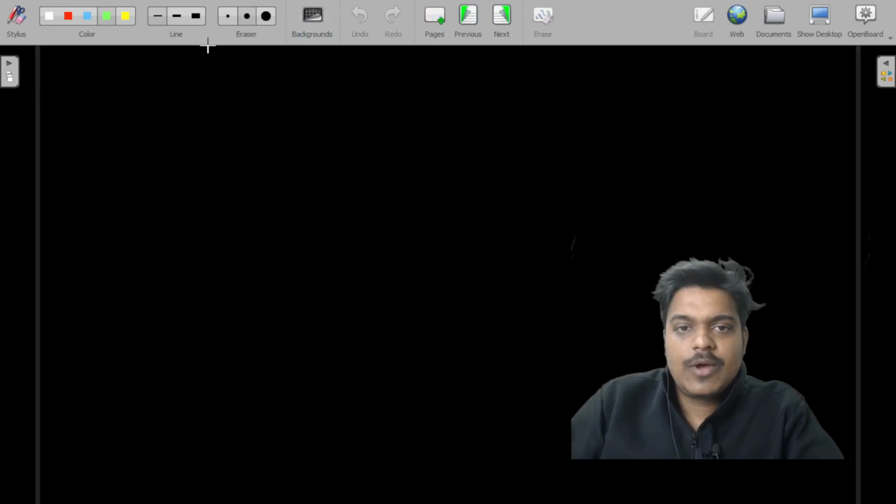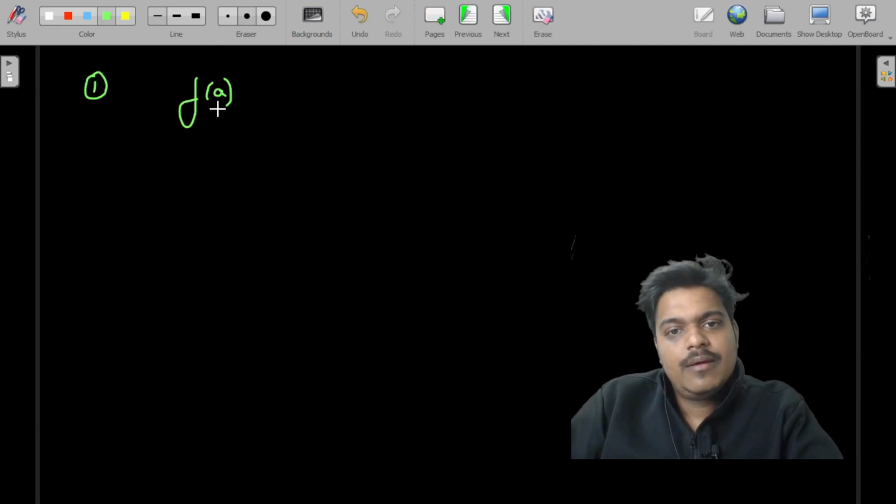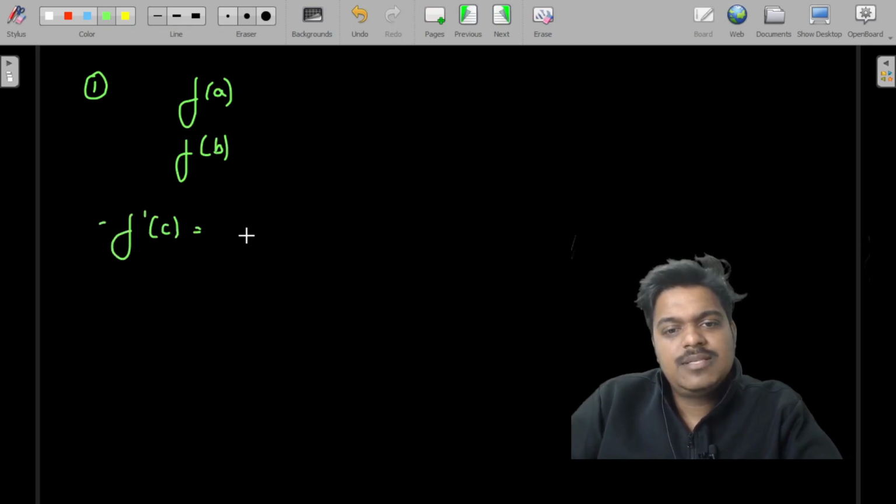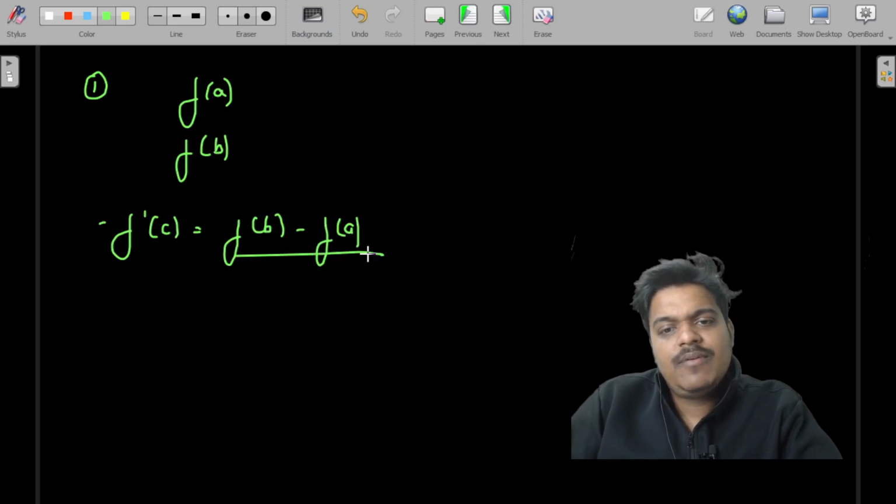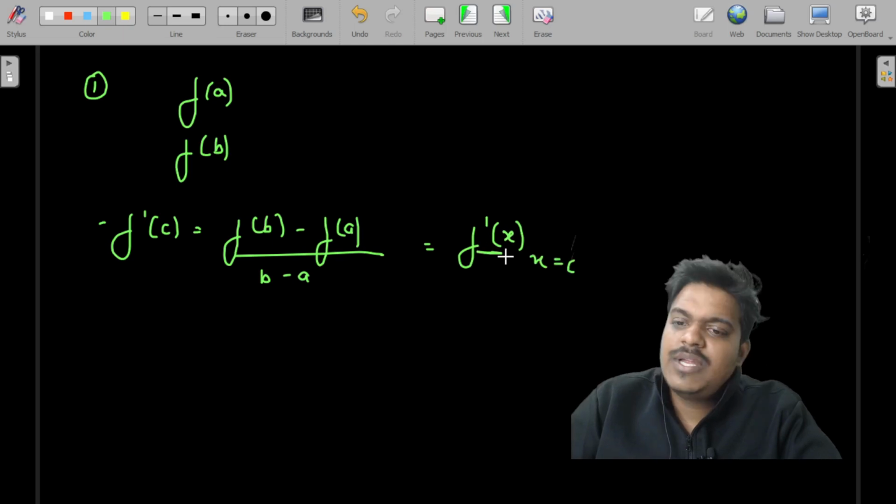Step 1, calculate f of a, f of b, and then calculate f dash c. This is nothing but f of b minus f of a divided by b minus a, and this is equal to f dash of x when x is equal to c. You differentiate the function and you put x is equal to c.